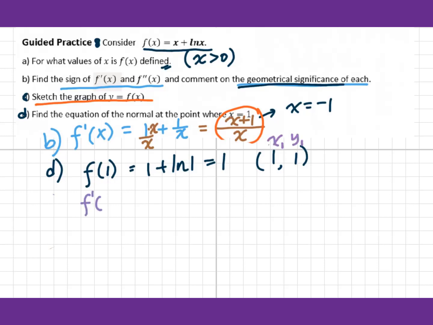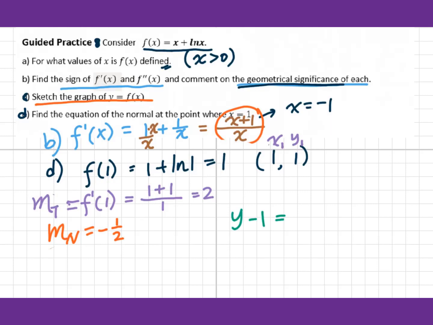Then we plug into the first derivative. That will be the slope of the tangent line. You will get 1 plus 1 over 1 equals 2. So to get the slope of the normal line, do the opposite reciprocal, that's -1/2. For the equation, we have y minus 1 equals -1/2 times (x minus 1). That's it.